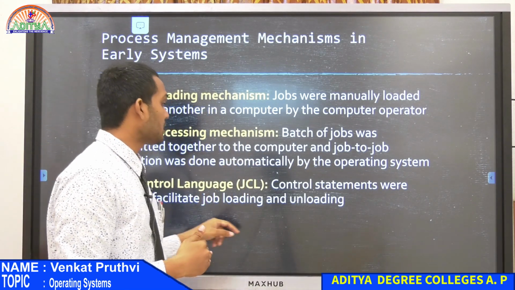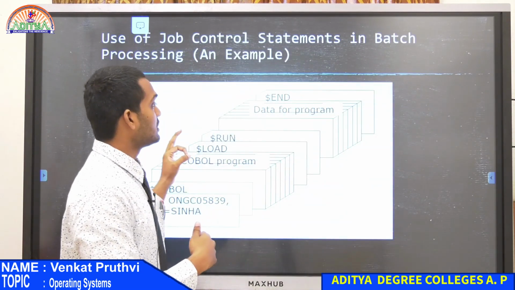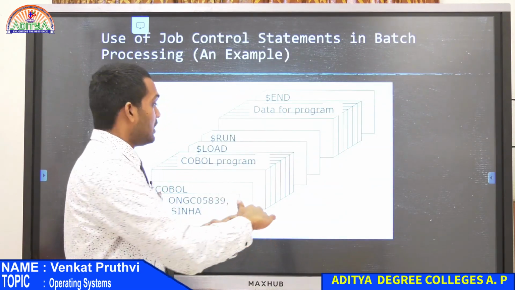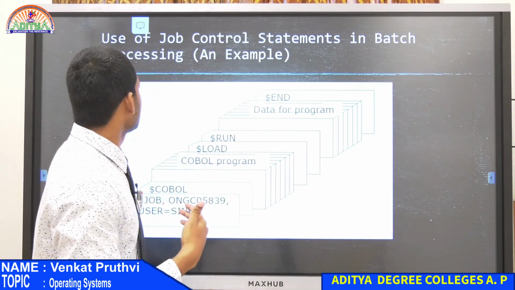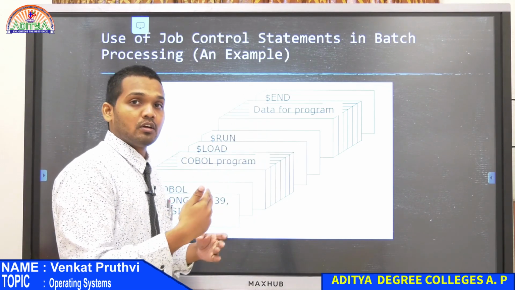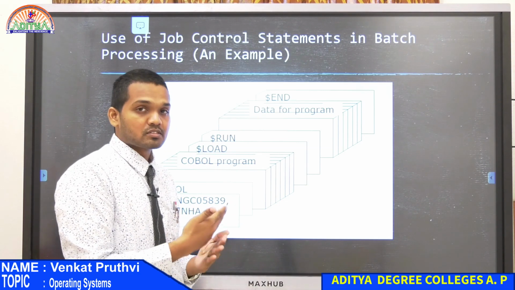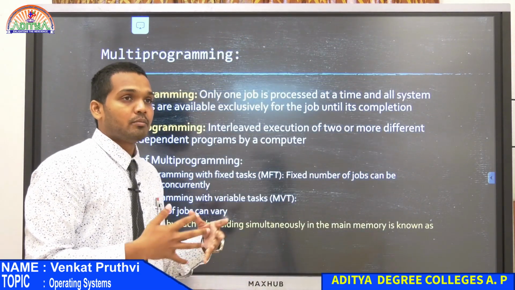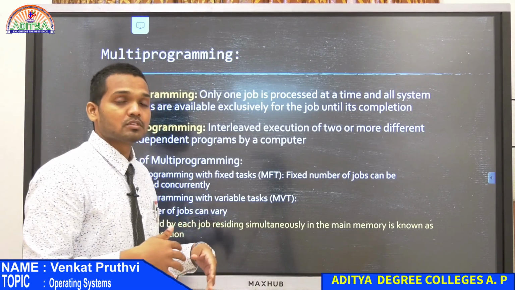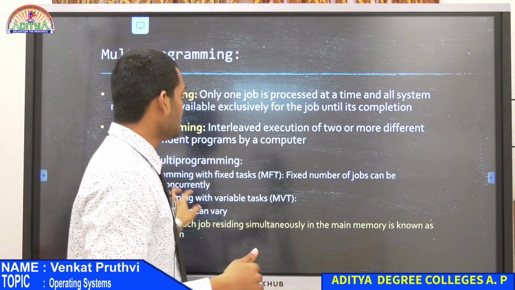Okay, then we have the job control language JCL, which had job control statements. Based on the job control statements, the batch processing used to automate the processes. Okay, and then we'll see the latest or the present processing mechanisms and the programming mechanisms that we are using in the next class.